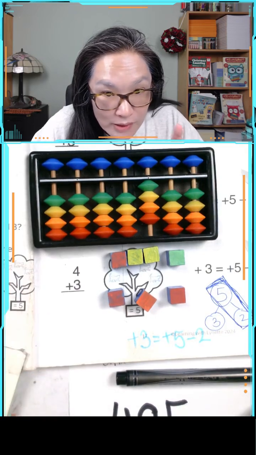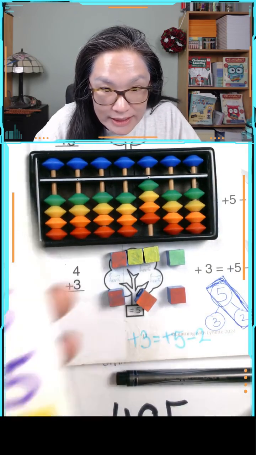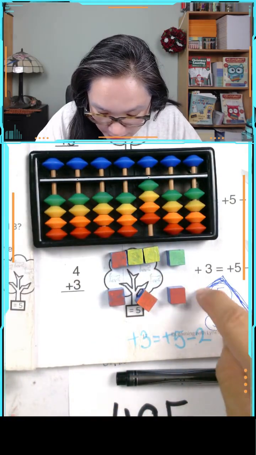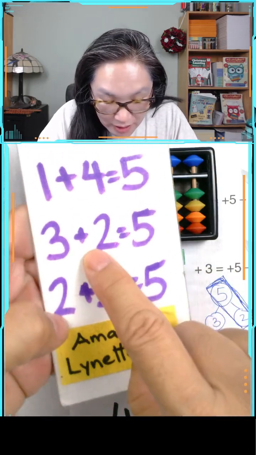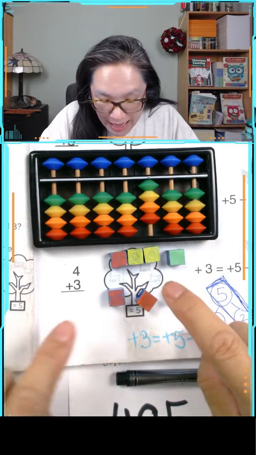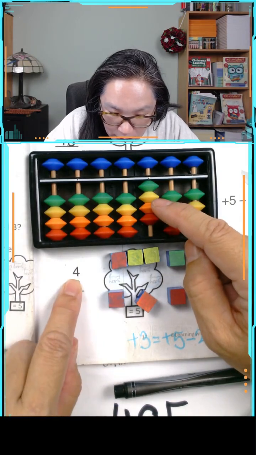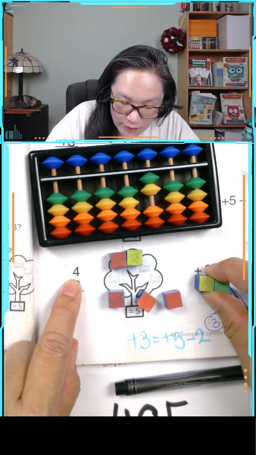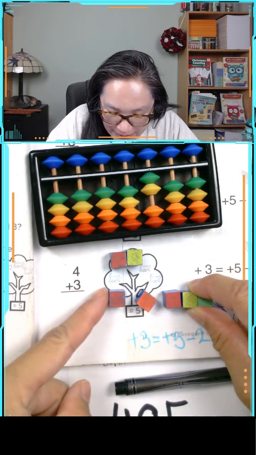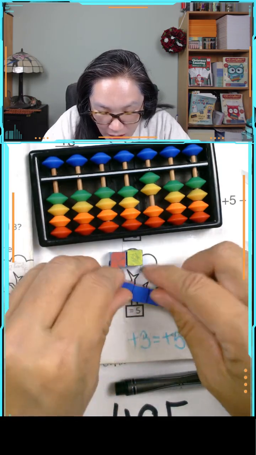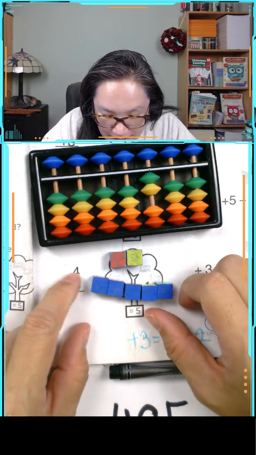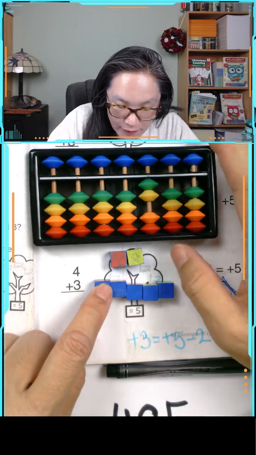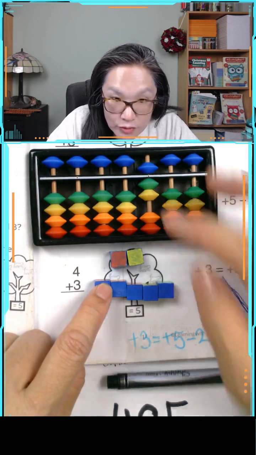We need to make a 2, because 3 plus 2 is equal to 5. The 2 has to come from the previous number. So we take away from the 4 and add it to the 3. And now it's become 7. 5 plus 2 is 7.